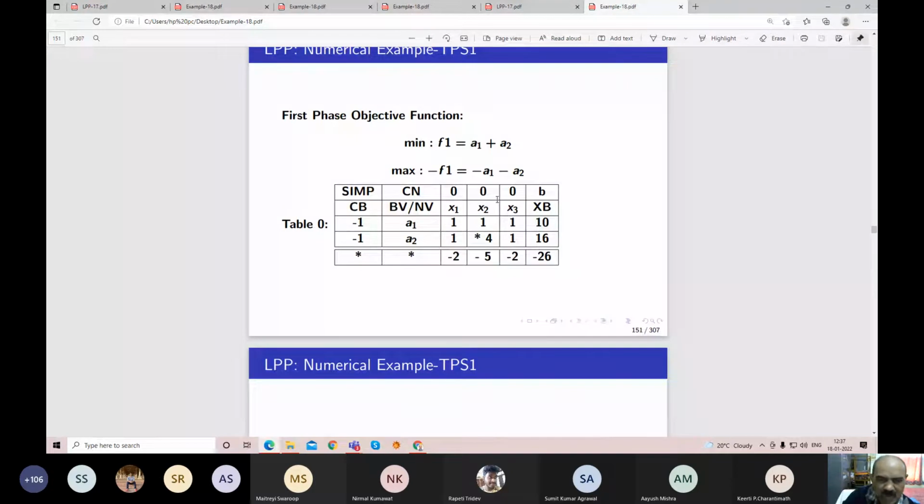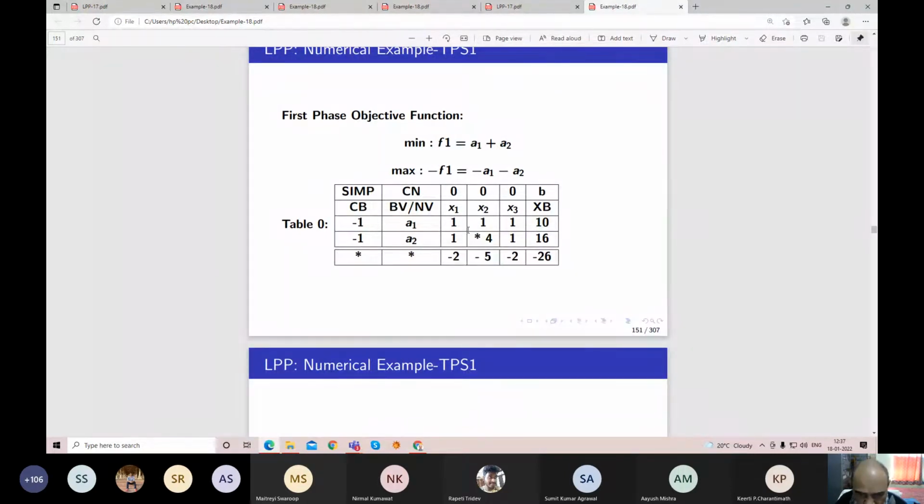Earlier we were writing something like -x1, -x2, -x3. Now there is no question of minus, but you can see the cost coefficients 0, 0, 0. There is a minus sign, -1, -1, -1, written here, because of the positive and negative -a1, -a2, we are writing like this.